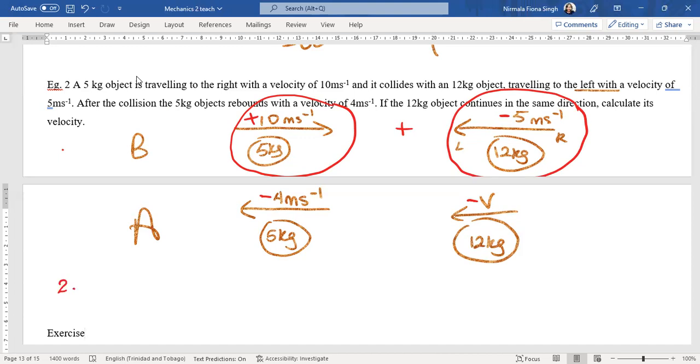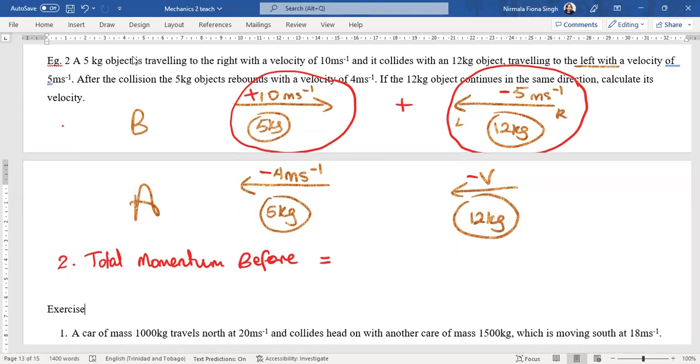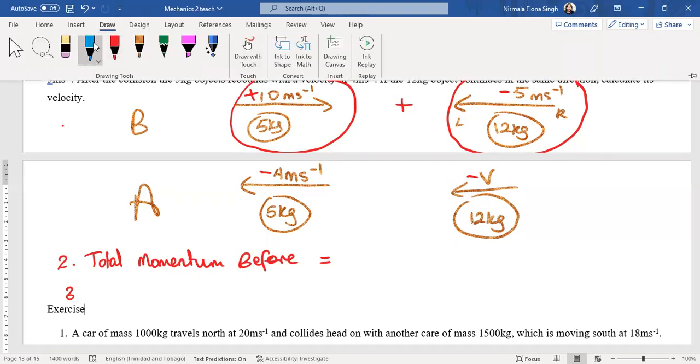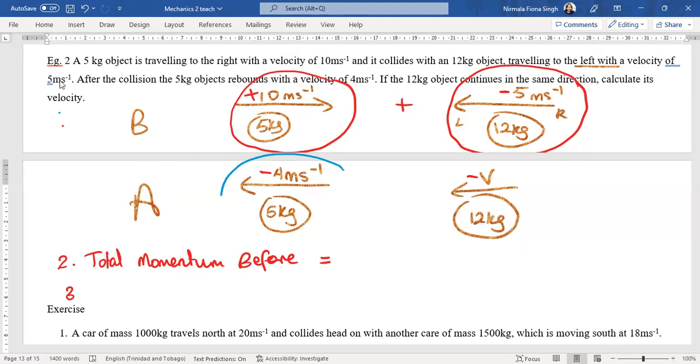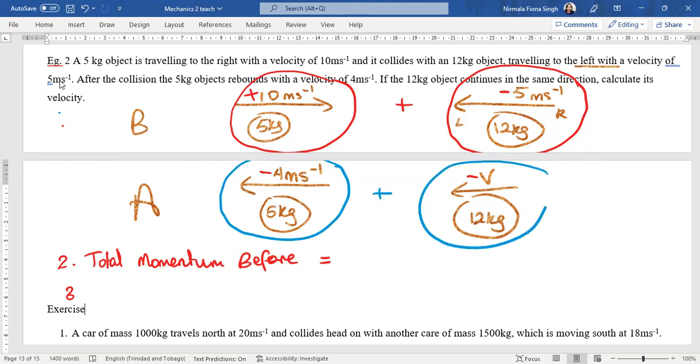So you're going to put total momentum before. We could actually do this mentally, folks, but we're starting you all up. And then our after, you're going to derive an expression for your total momentum after, which is the momentum of the 5 added to the momentum of the 12.